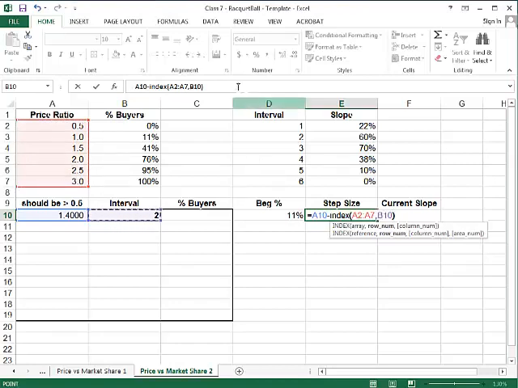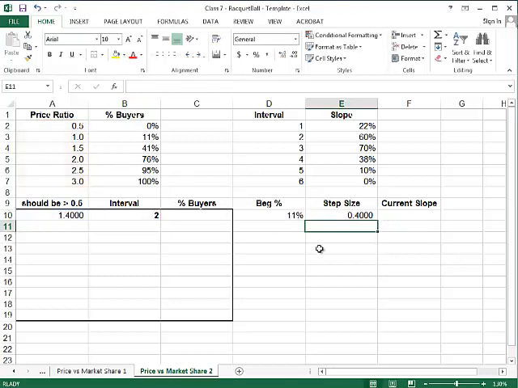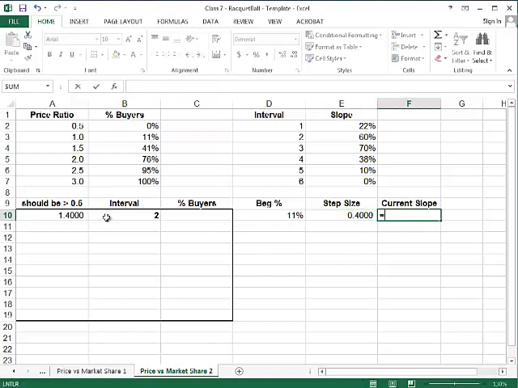Second. And again, I want this absolute reference. So what this one is doing is telling me take 1.4 and then look at what interval you're in and pick up the beginning of the interval, which is 1, and then look at the difference, give me the step size, which is 0.4.